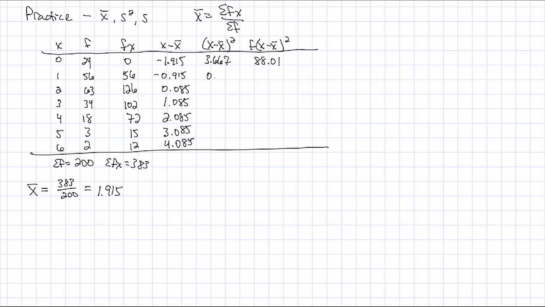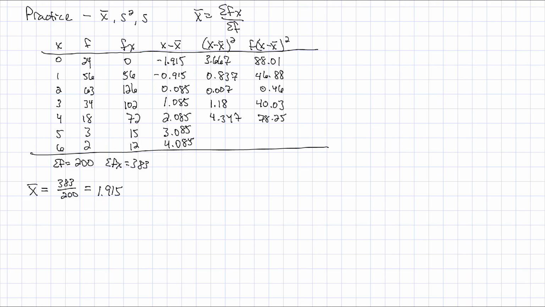Next one, when I square this value, I get 0.837, immediately multiply it by the frequency to get 46.88. 0.085 squared is 0.007, multiply by the frequency and I get 0.46. 1.085 squared is 1.18, multiply by its frequency, I get 40.03. 2.085 squared is 4.347, multiplied by its frequency is 78.25.